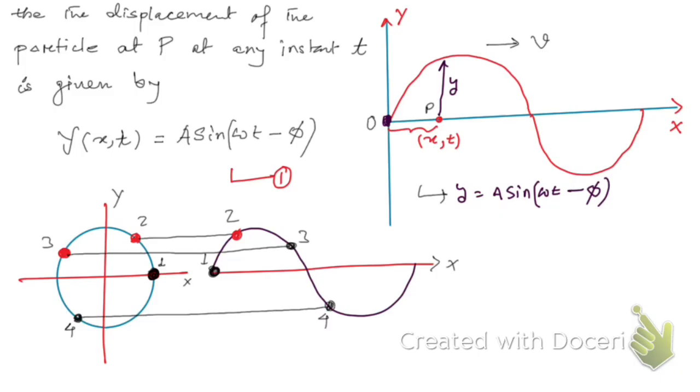When this particle completes one cycle and reaches the point from where it had started, let me make it 5. Then we can compare this 5th position with this position, right?